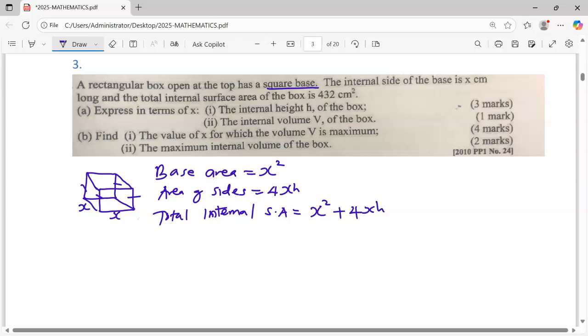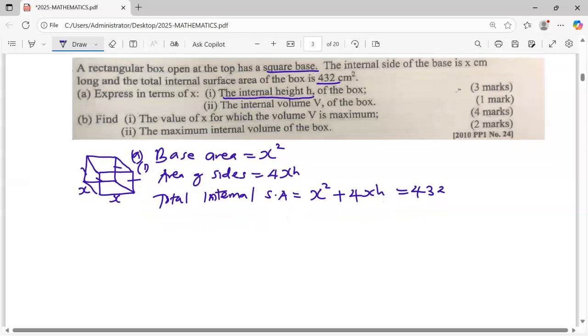Remember the total internal surface area has been given to be 432. This is part A, Roman 1 of the question, which says we must first get the internal height of the box. For us to get the internal height, in terms of x, we are going to make h the subject, and therefore we begin by having 4xh being equal to 432.